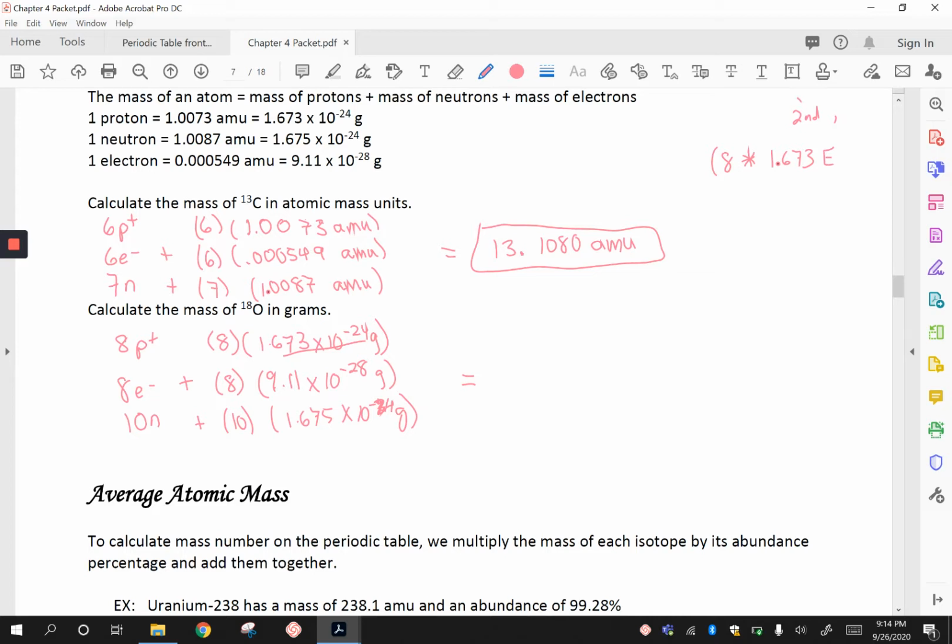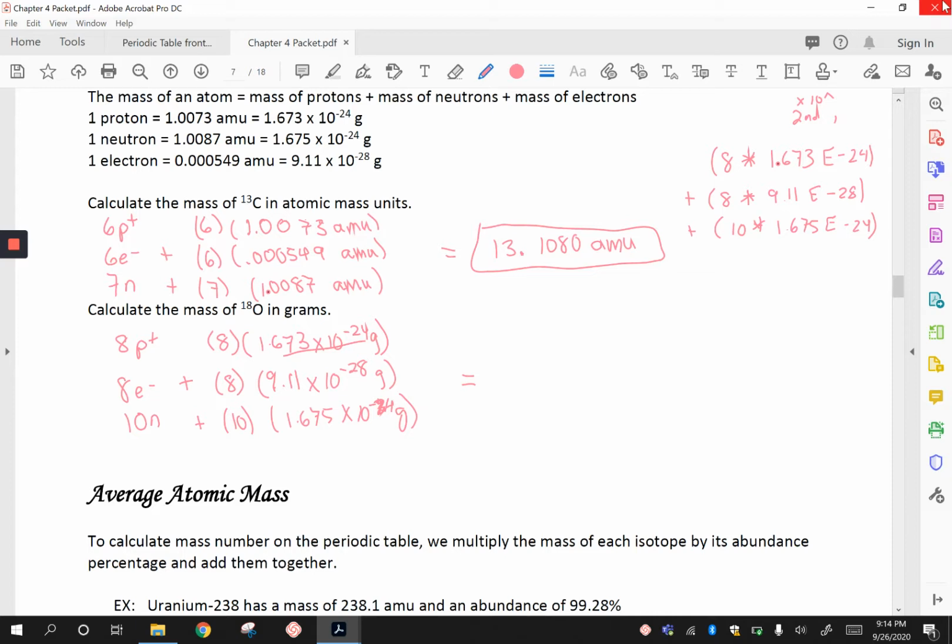What this means is times 10 to the power. So then you do negative 24 plus, then you do 8 times 9.11, second comma, negative 28, and then plus 10 times 1.675, and then you do second comma, and then negative 24. This is much easier than doing times 10 to the caret.